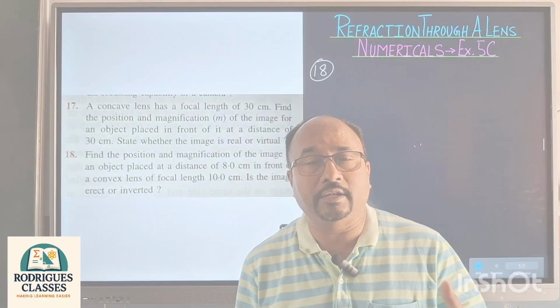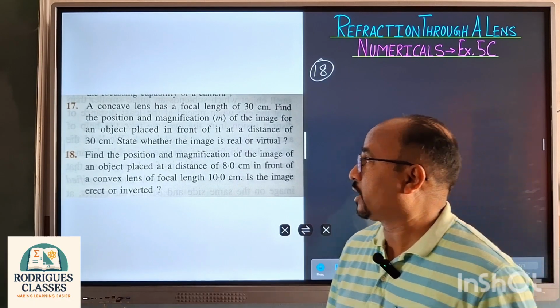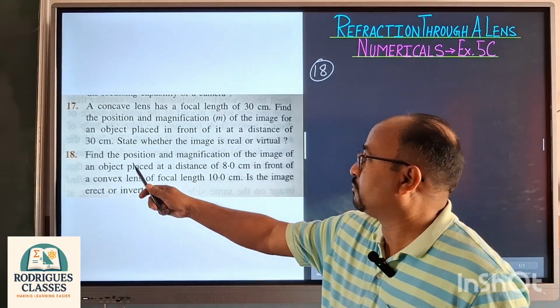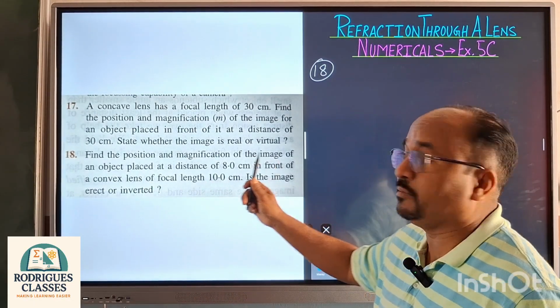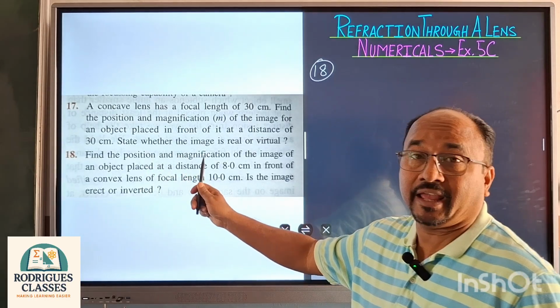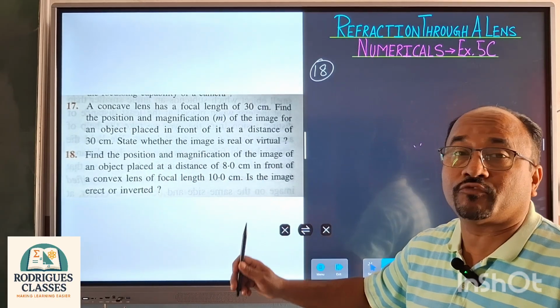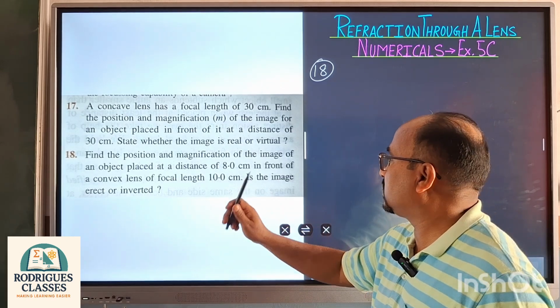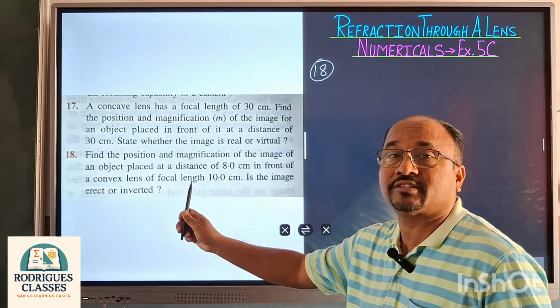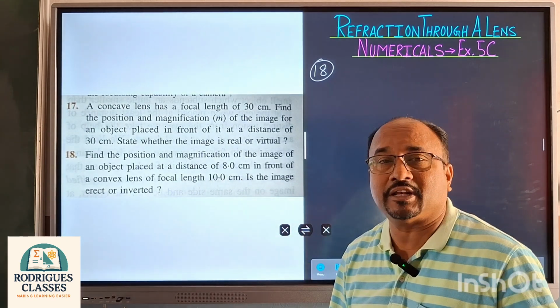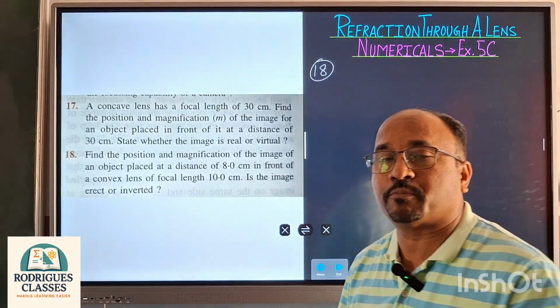Coming to numerical number 18, let us take a look at it. The question says find the position and magnification of the image, means V and M, of an object placed at a distance of 8 centimeters. So U is 8 in front of a convex lens of focal length 10 centimeters. So F is 10, convex lens, so plus 10.